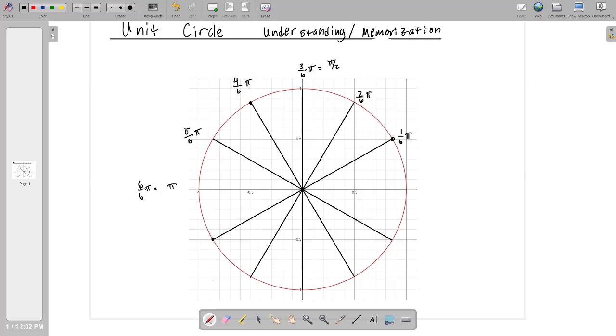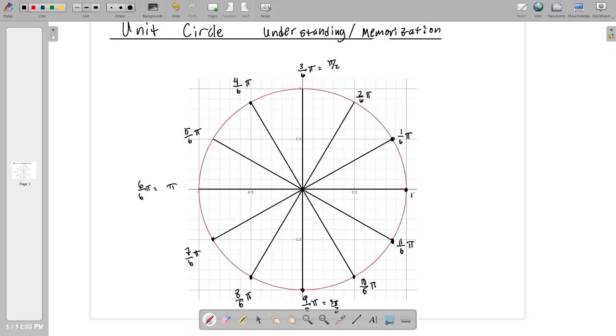And of course, we just continue on, 7/6, 8/6, 9/6, which reduces to 3 pi over 2, 10/6 pi, and 11 over 6 pi.